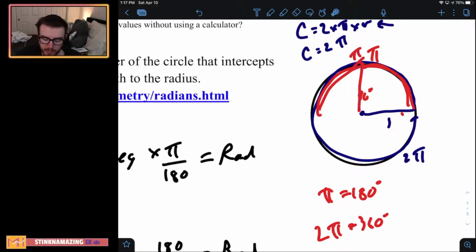How else can we break this up, right? If pi is 180, how many times does 60 degrees, for example, fit into 180? 1, 2, 3 times. So 60 degrees is a third, right? It's a third, 1/3, 2/3, 3/3. So if this is pi to go halfway around, then 60 degrees is a third of pi.